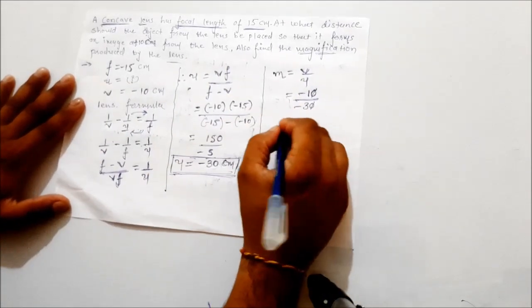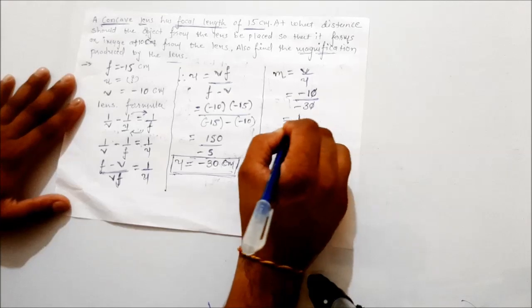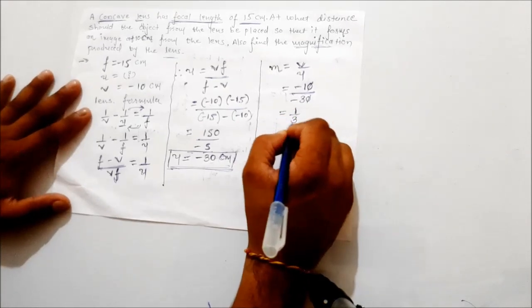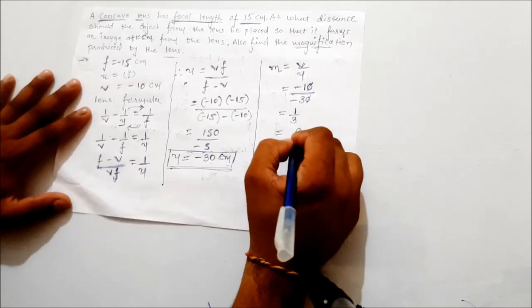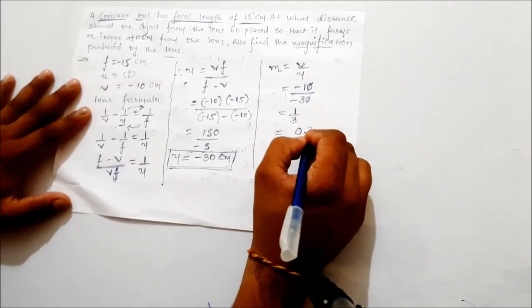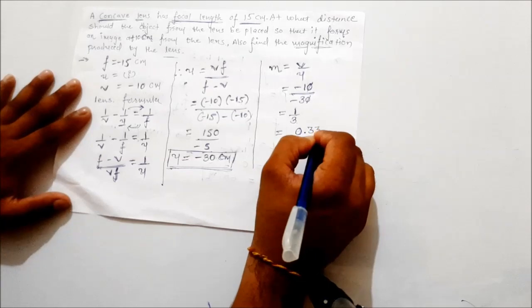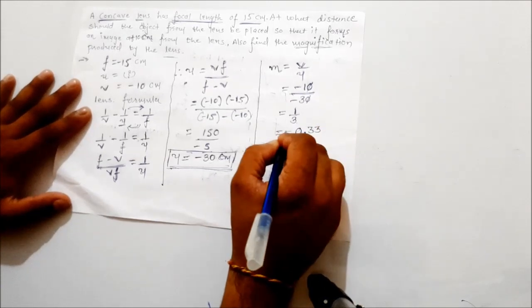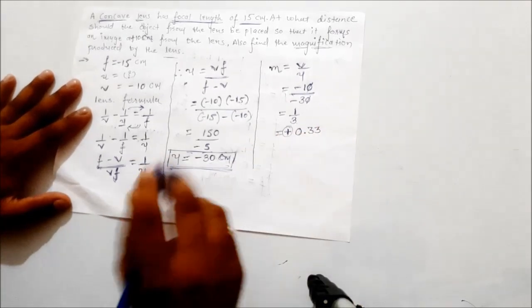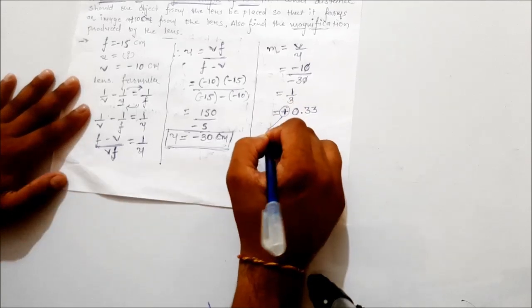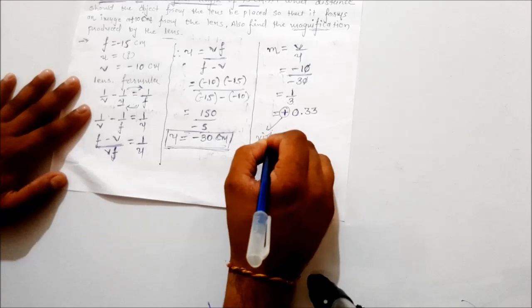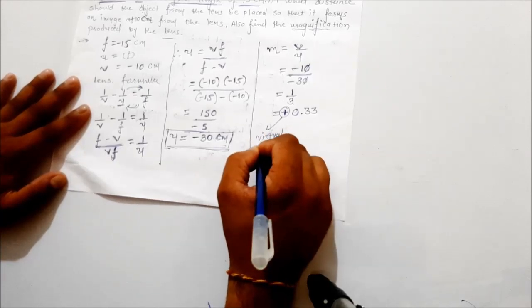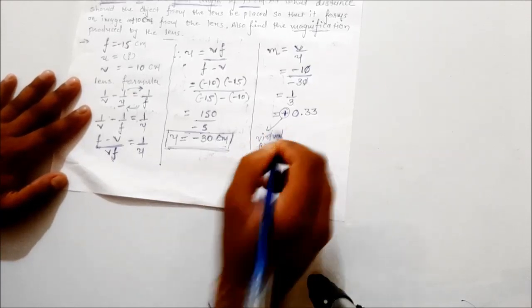Minus minus plus, we will get 1 upon 3, and by finding answer of 1 over 3 we will get 0.33, and that is positive. Now this positive sign means our image will be virtual and erect.